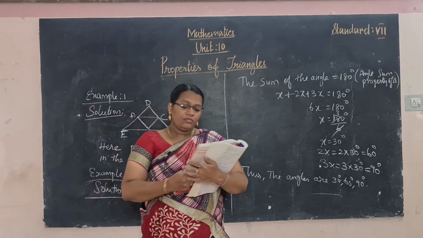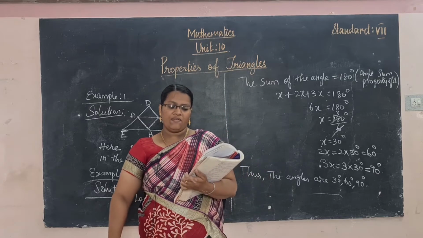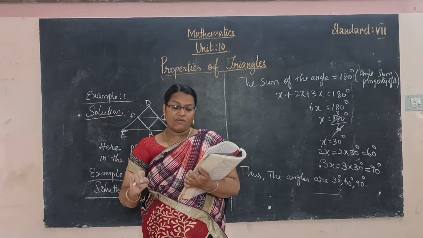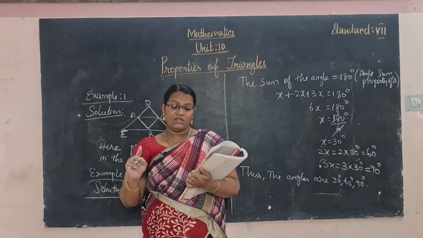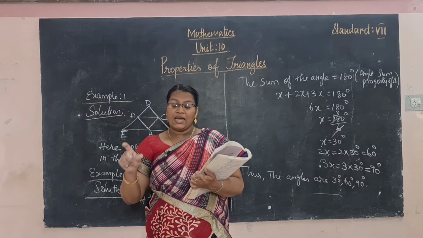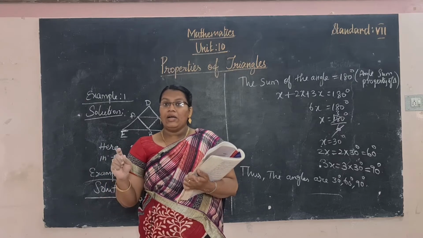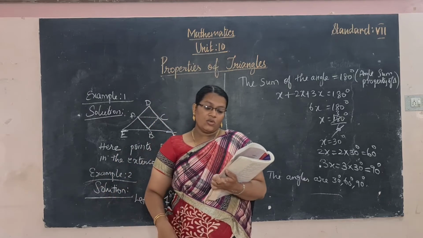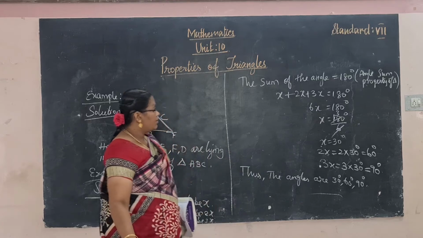We have to find the value of x. The triangle's angle values are given: x plus 40 degrees, 2x plus 20 degrees and another angle is 3x.